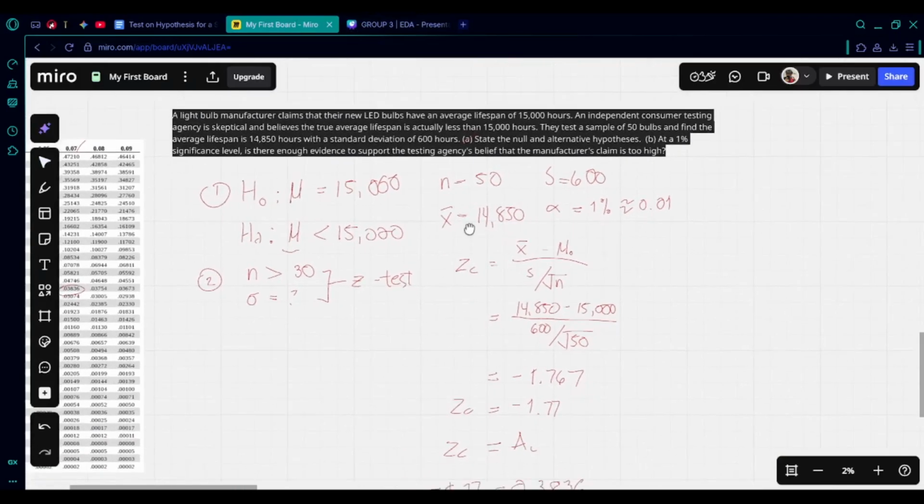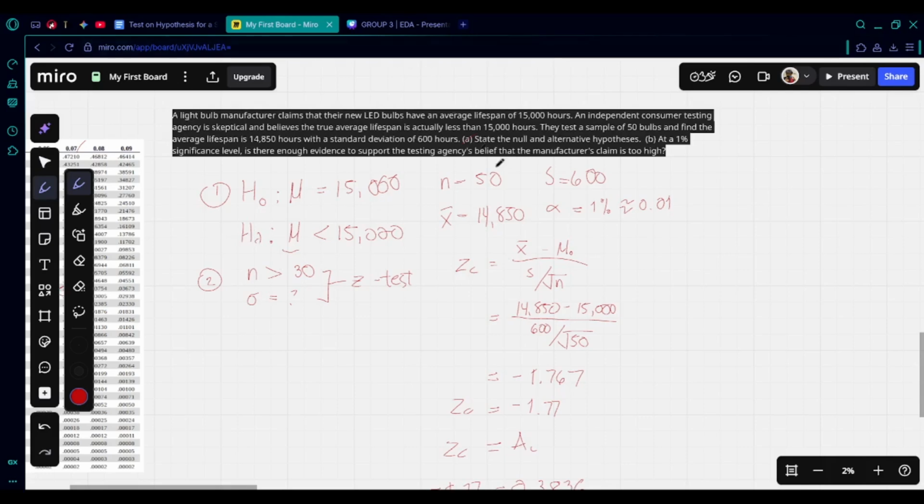What we got here, it was stated in the problem that the average lifespan is actually 15,000 hours. So we disproved that this statement is incorrect. And what do we mean by that?